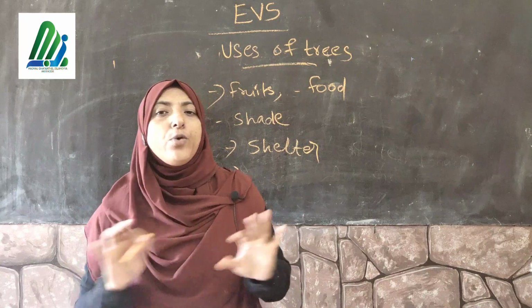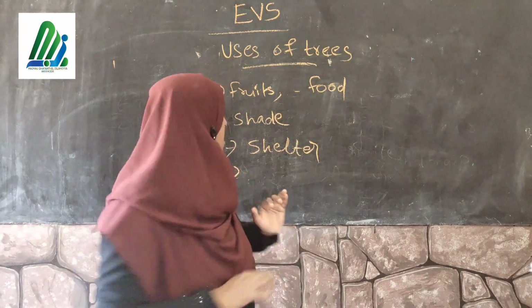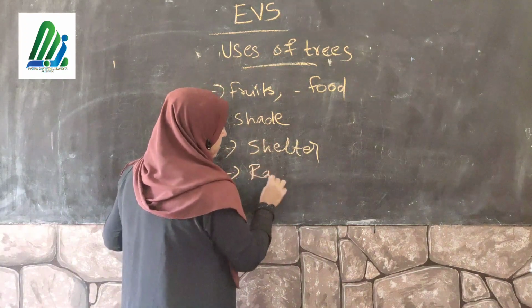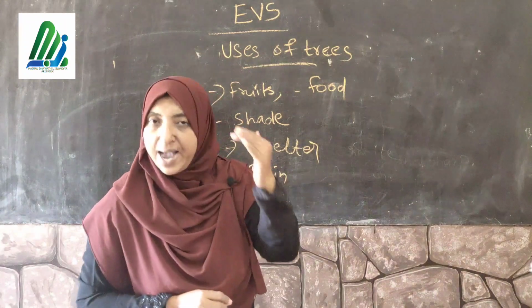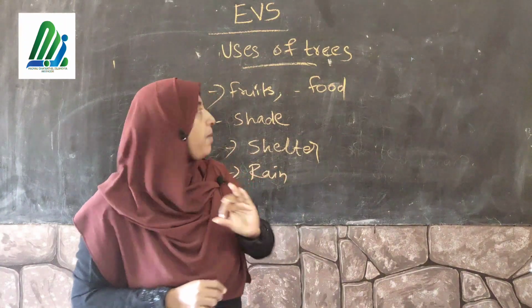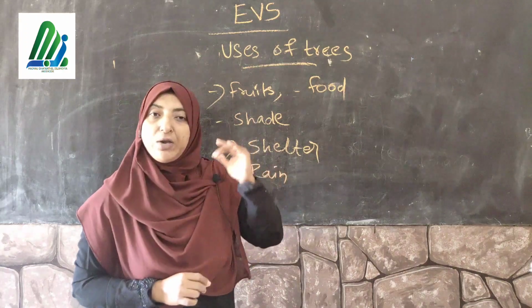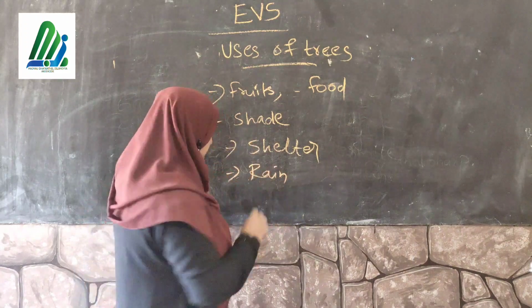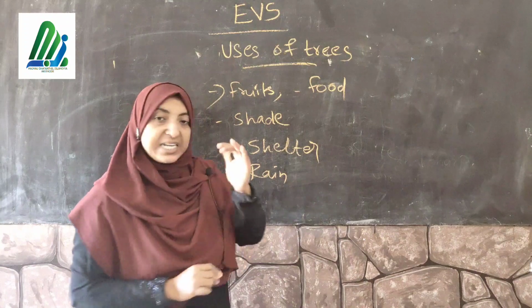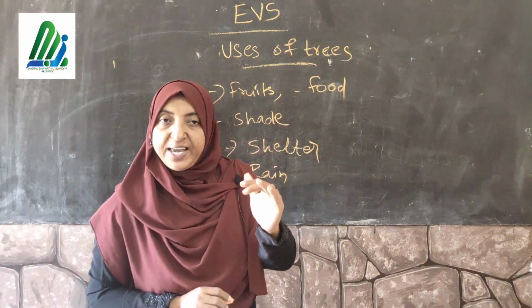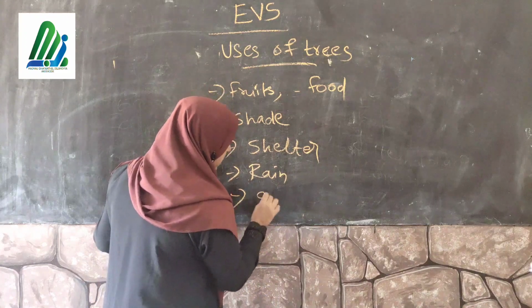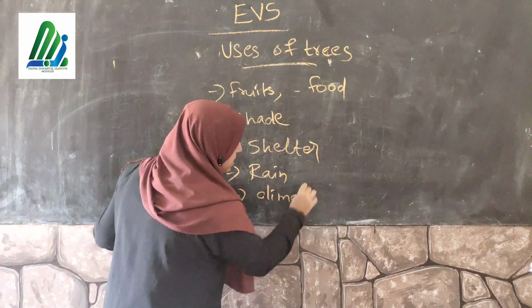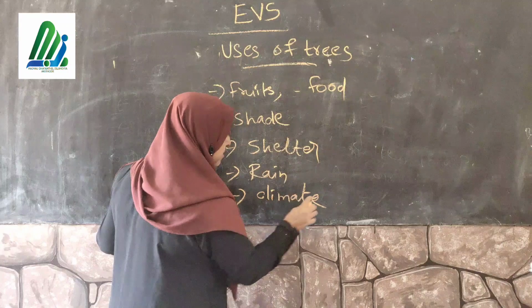That means there will be no rainfall. So we can say trees give us rain. More about this you will study in your higher classes. Now you just remember that trees give us rain. The next one, trees give us cool wind. So it influences our climate.